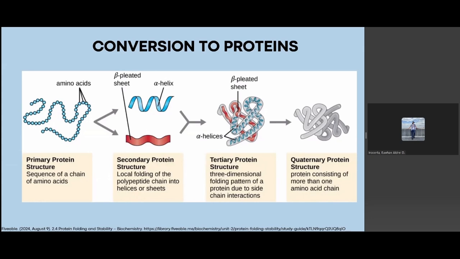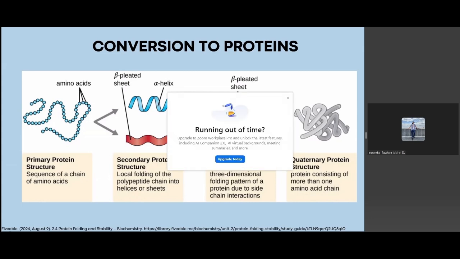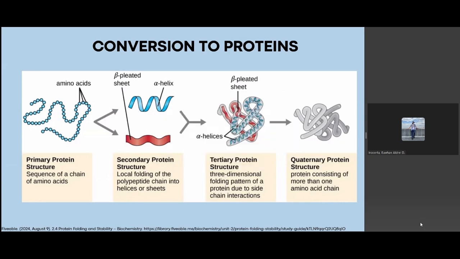We have the hydrophobic interactions, which happen when the nonpolar side chains hide from water inside the protein. We also have the hydrogen bonds, which are formed between polar side chains. Next is the ionic bonds, which are made by the bonding between positively and negatively charged side chains. And lastly, we have the disulfide bridges, which are strong covalent bonds between sulfur atoms of the cysteine residues.